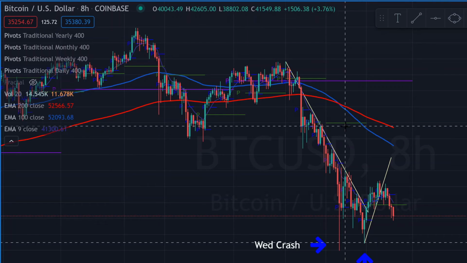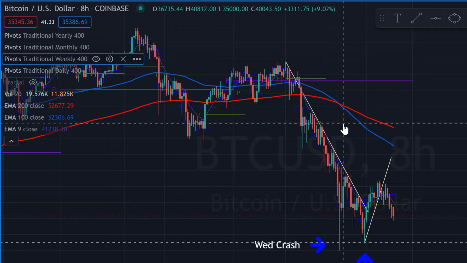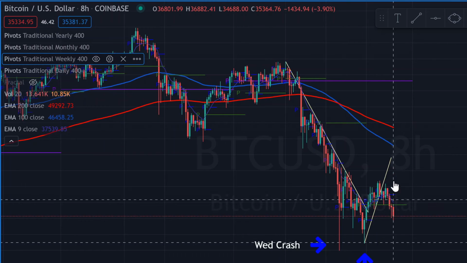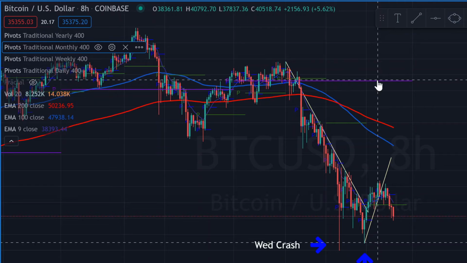So this green pivot point here is what is called a weekly pivot point, and the purple one is a monthly pivot point, and the longer the pivot point, the more weight it has, as they say, to draw the price action.